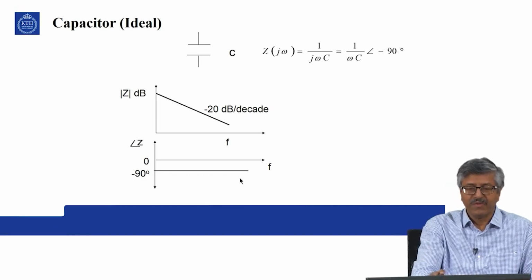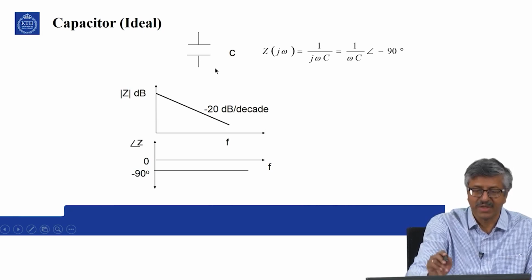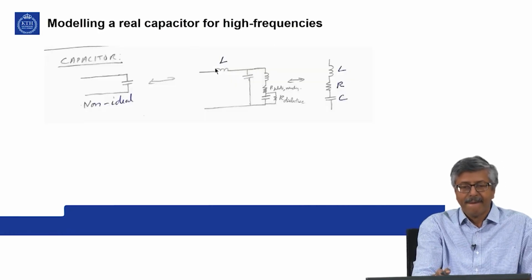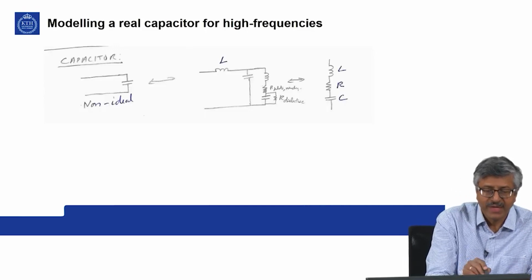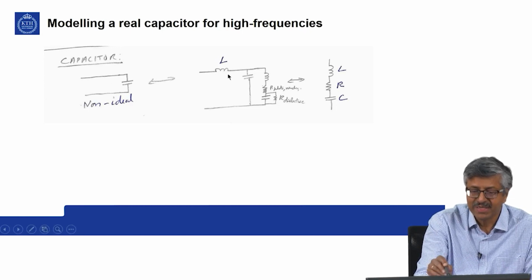Now, if you take a real capacitor, what are the other components we have to add to get the realistic model for the capacitor? So, we take a non-ideal capacitor. First of all, we take the lead parameters.